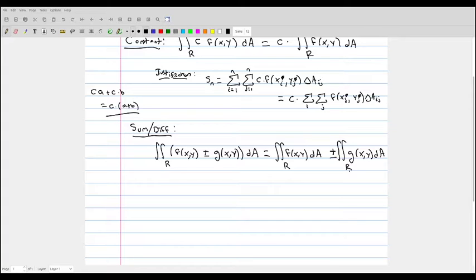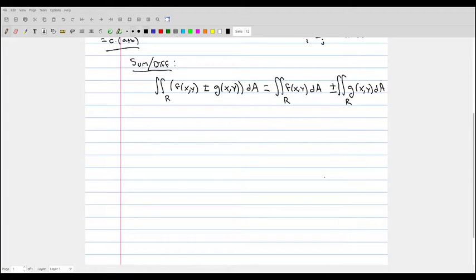I won't go through the justification for every one of these, but I can assure you that all of these justifications are done using Riemann sums, very similar to how we did the first justification. This is the second major property for integrals. The next property is called the domination property.